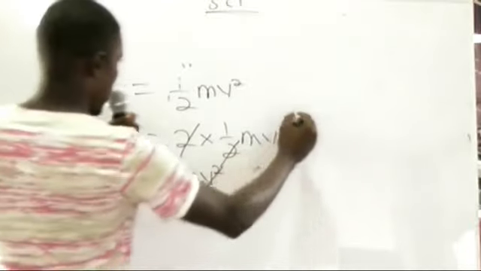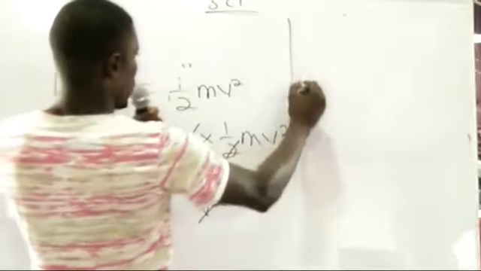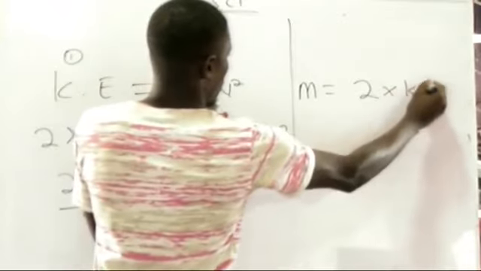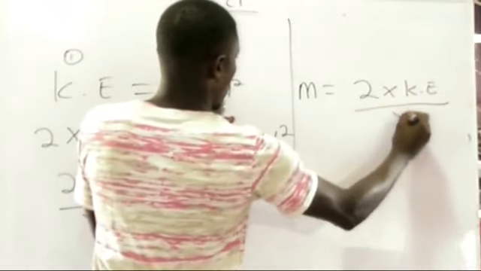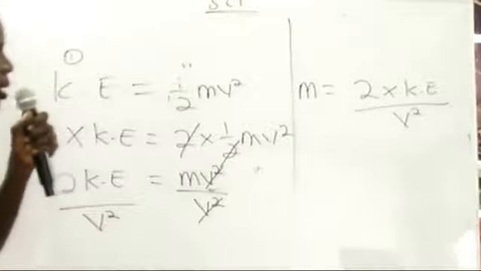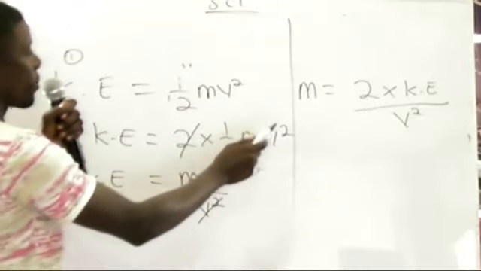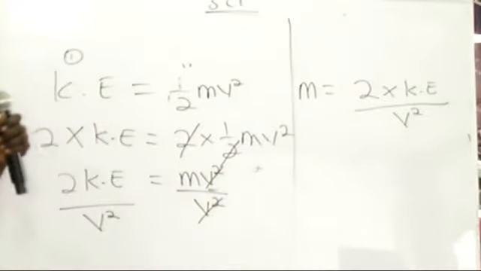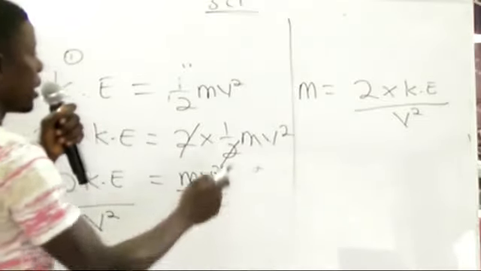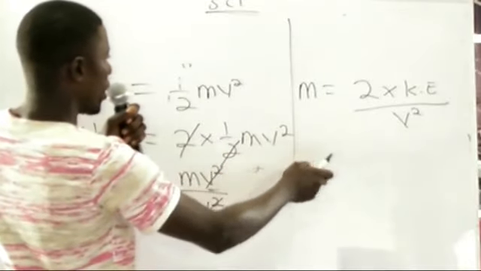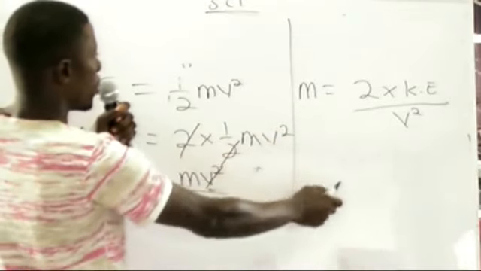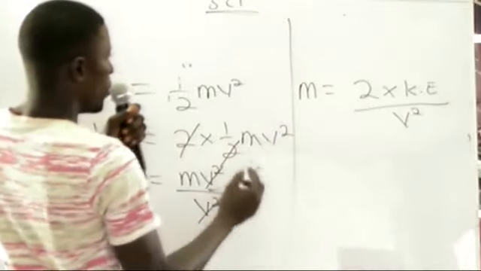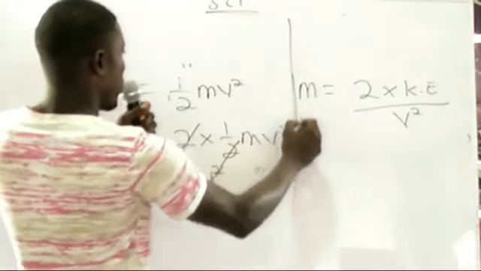So our mass is equal to 2 times kinetic energy over velocity squared. So if you are told to find the mass, the kinetic energy will be given and the velocity will also be given. So you just list down the parameters and put in the figures. The most important thing is to recall this formula.